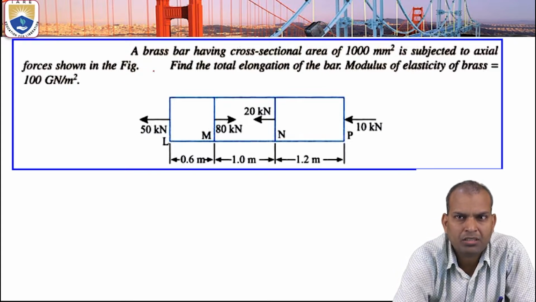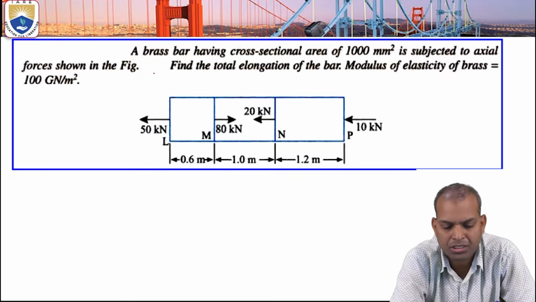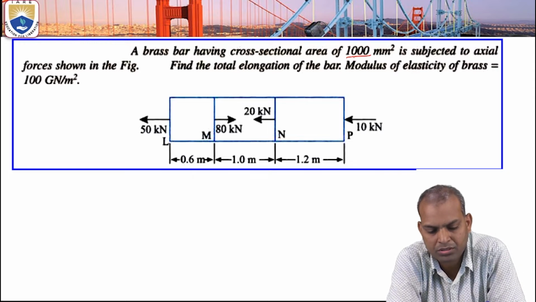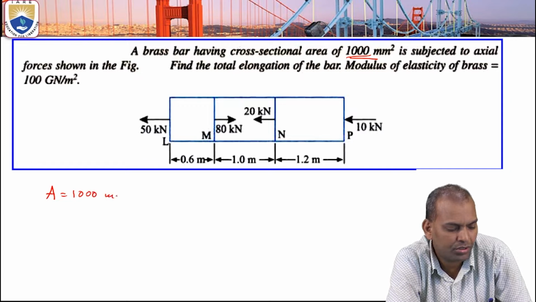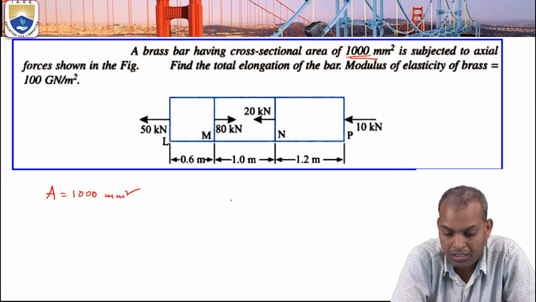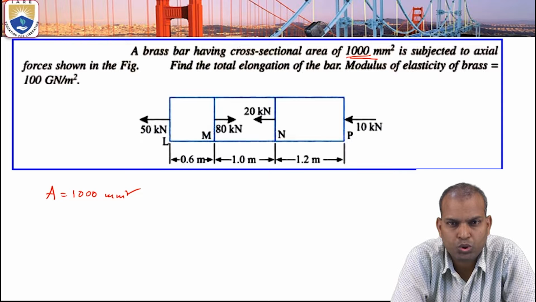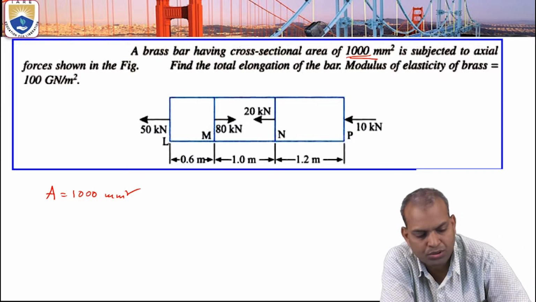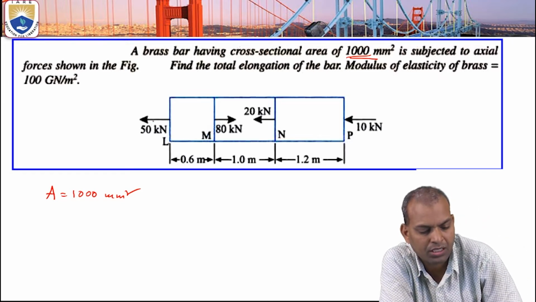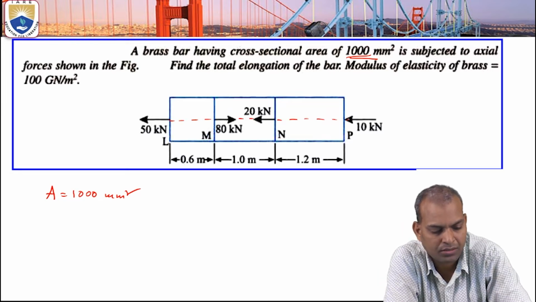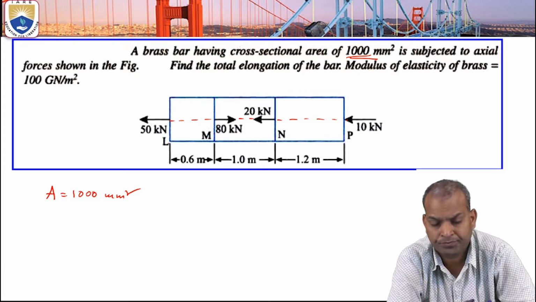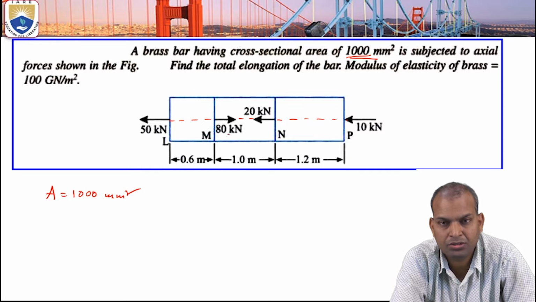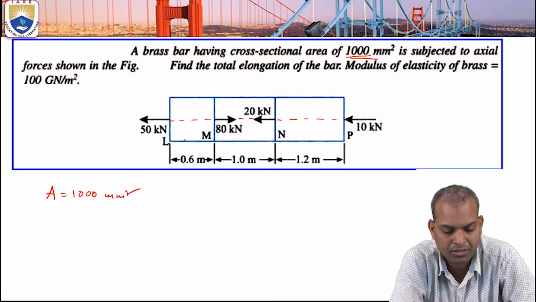A brass bar having a cross-sectional area of 1000 square millimeter, A equal to 1000 square millimeter, is subjected to axial forces. These are the axial forces: 20 kilonewtons, 50 kilonewtons, 80 kilonewtons, 20 and 10 kilonewtons.